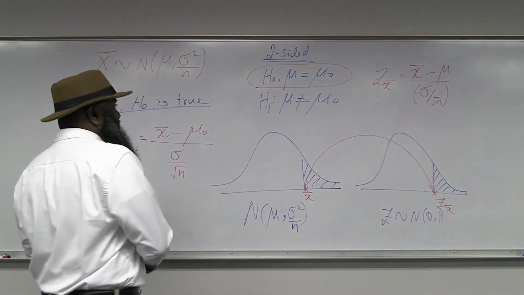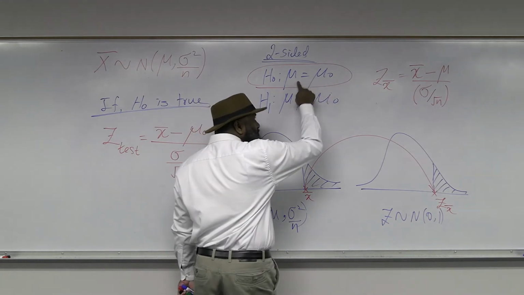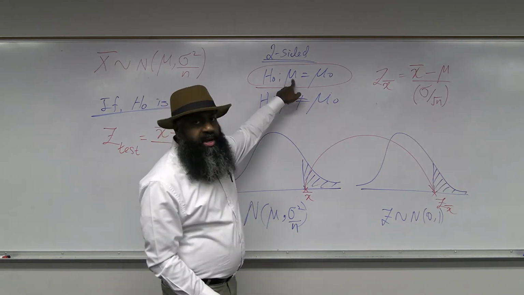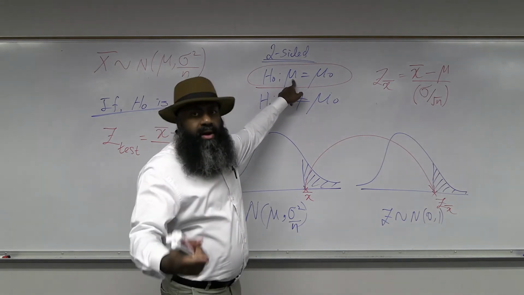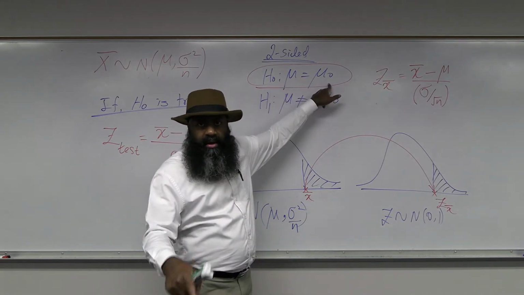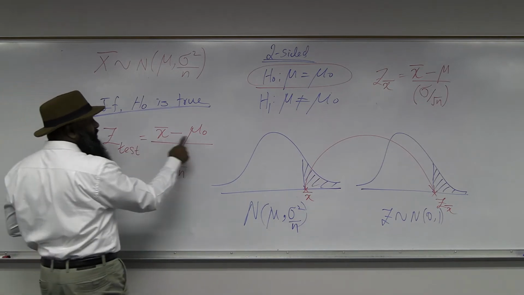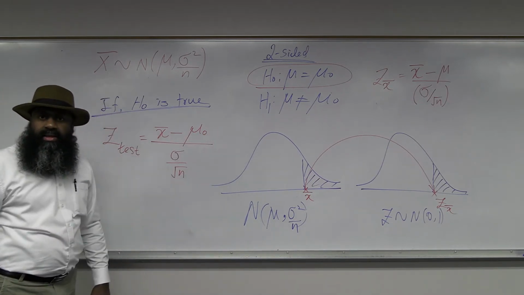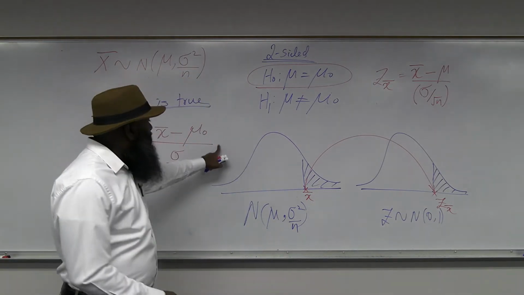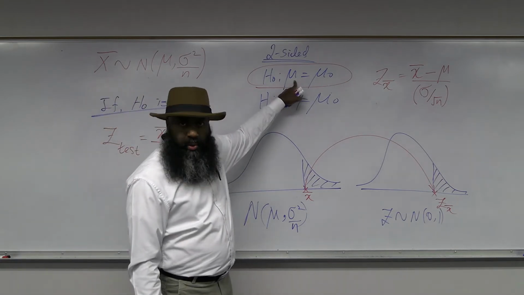The null hypothesis says mu is equal to mu 0. If mu is equal to mu 0, the point estimate of mu, which is x bar, should also be approximately equal to mu 0. So if x bar is equal to mu 0, this numerator becomes almost 0. 0 divided by some number should be approximately equal to 0 if my null hypothesis is true.